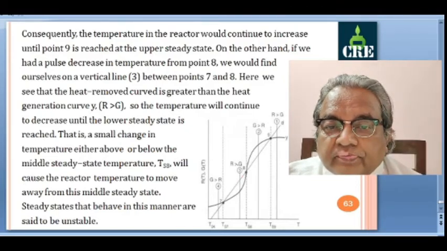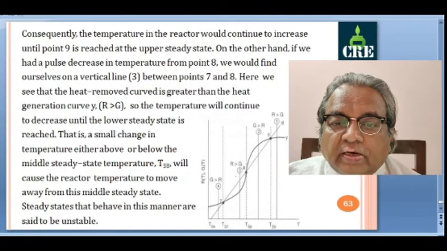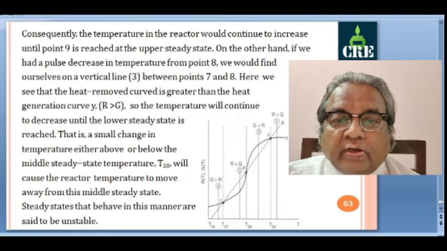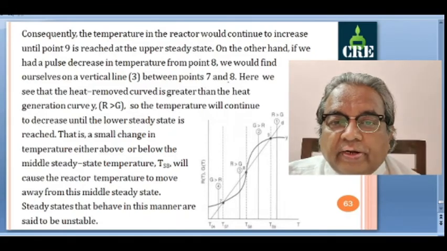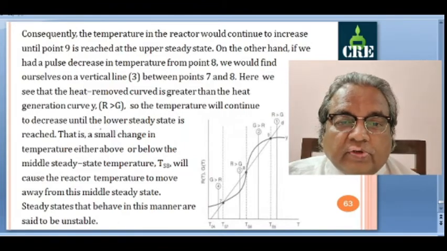You are representing this region R greater than G, represented by this vertical line 3, beyond 7 and 8. So here R is greater than G, so the temperature will continue to decrease until the lower steady state is reached.